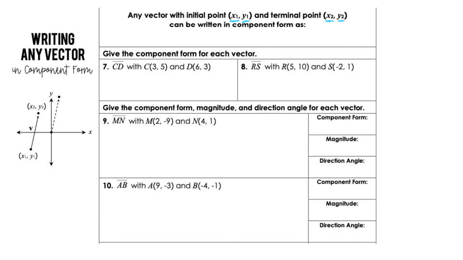So to find your component form for CD, you're going to say 6 minus 3, which is going to be 3, and then 3 minus 5, which is -2. And then RS, same thing. You're going to say -2 minus 5, so -7. And then 1 minus 10 is -9. And that's your component form.